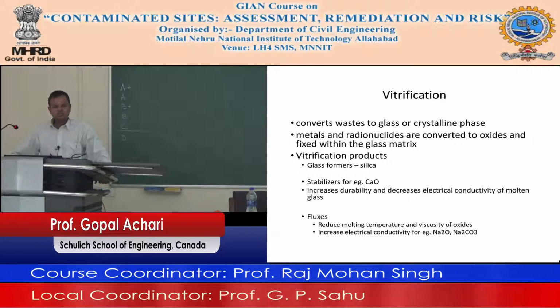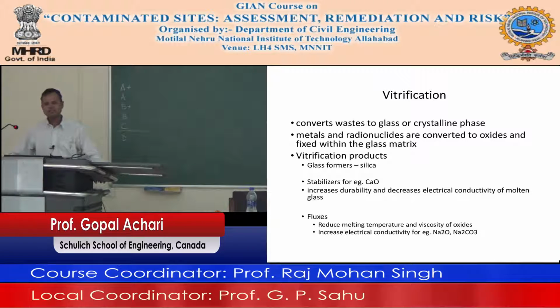So basically what you do is you melt the whole thing. That's vitrification. You melt the whole thing and then let it set as one big mass of glass. Are you with me on that?